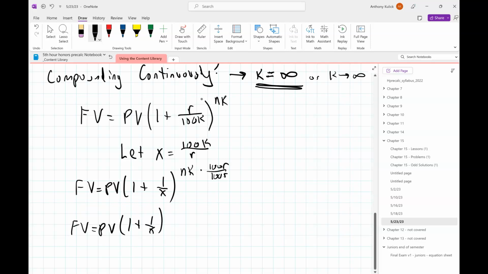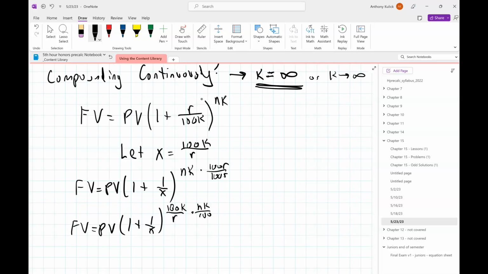Well, it's because if I do that, I can rearrange and make 100k over r times r over 100, to have nk over 100. Everybody see that?